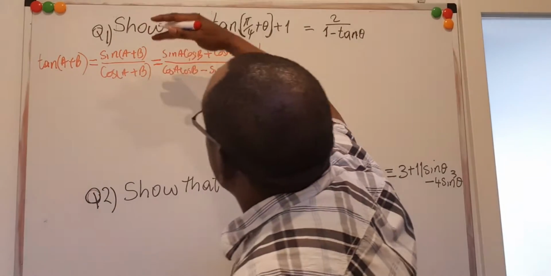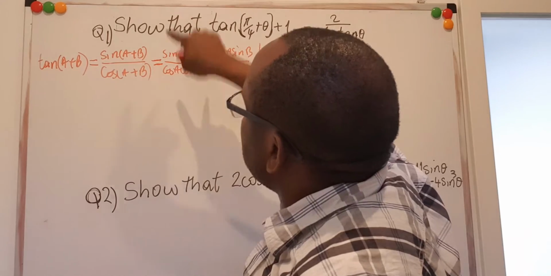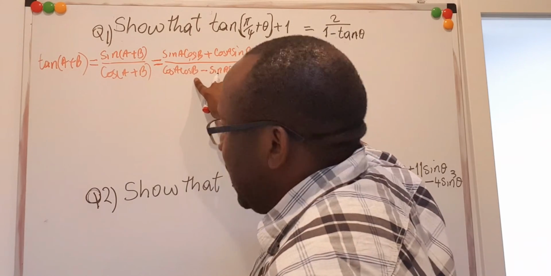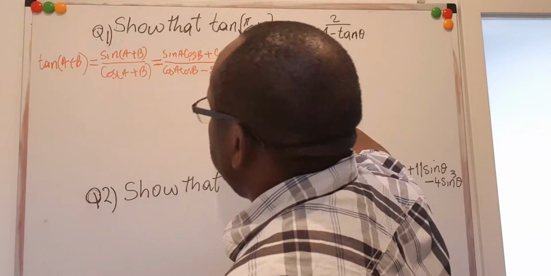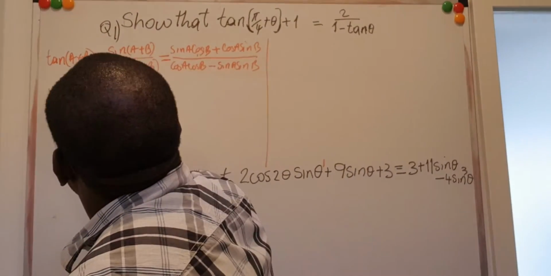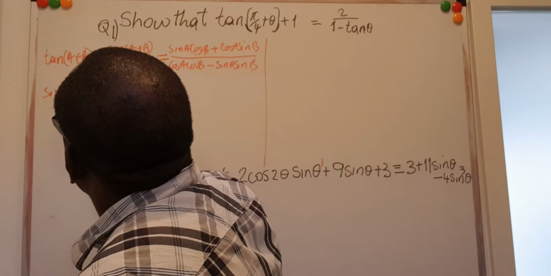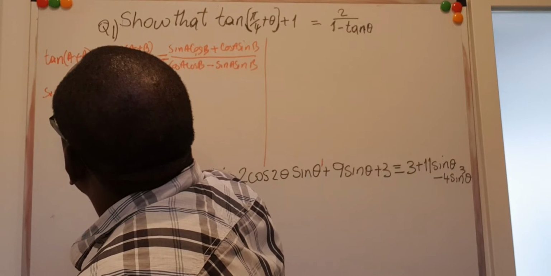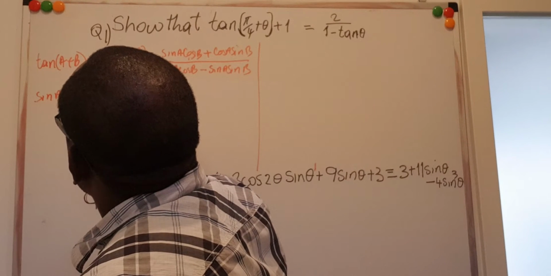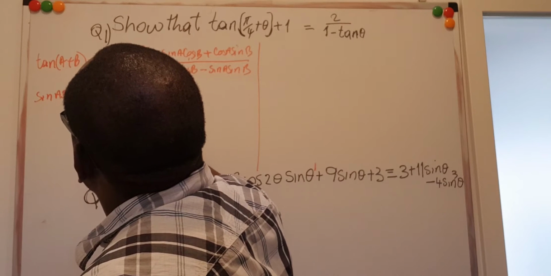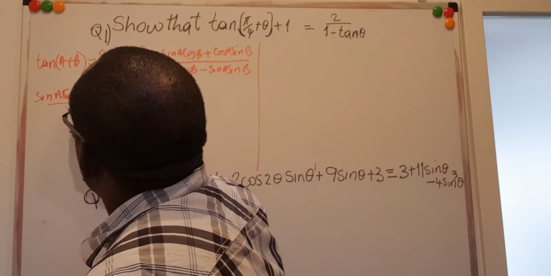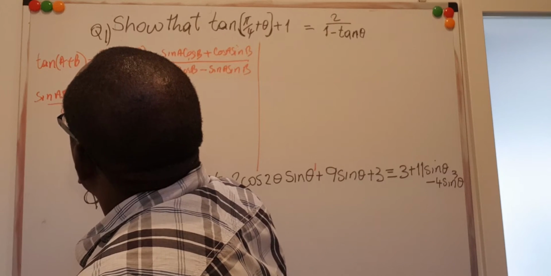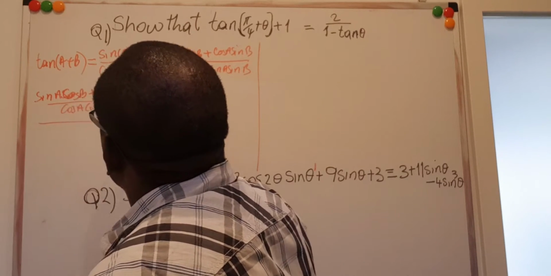So I would divide my numerator by cosine A, cosine B, and divide the denominator also by cosine A, cosine B. So if I do that, then I have something like sine A, cosine B, plus cosine A, sine B, divided by cosine A, cosine B, all that.